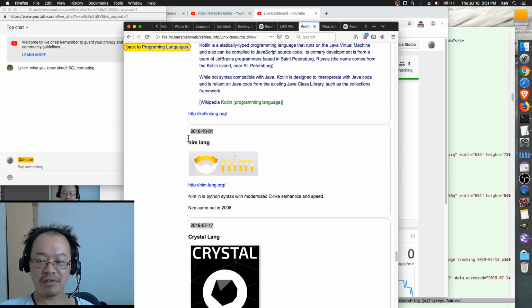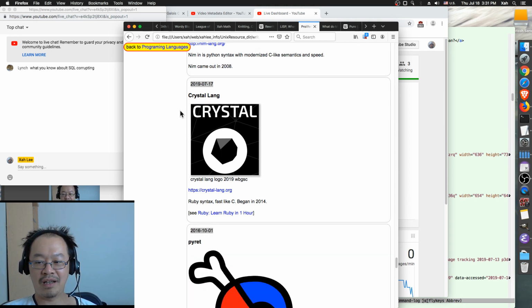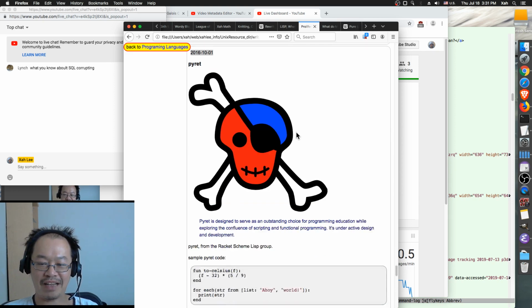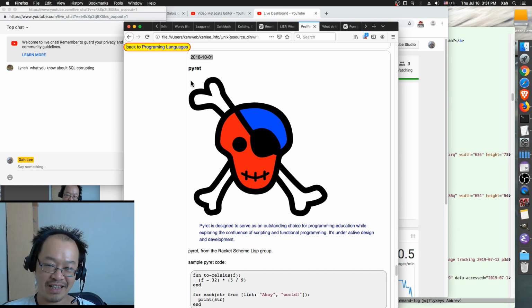Nim language is very fast. It's like Python with C speed. Crystal is like Ruby with C speed. Pirate is like Lisp in Python syntax.